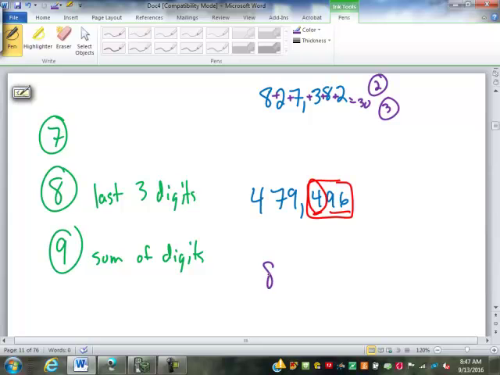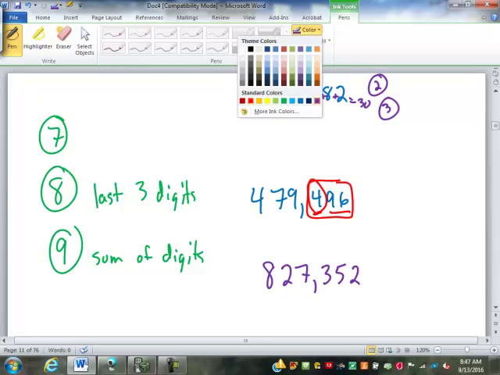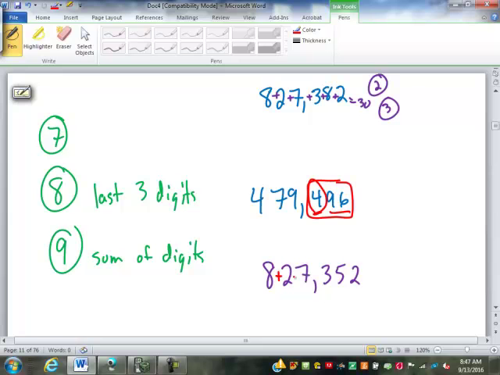So up here, let's take 827,352. Add up those digits. 8 plus 2 is 10, plus 7 is 17, plus 3 is 20, plus 5 is 25, plus 2 is 27.